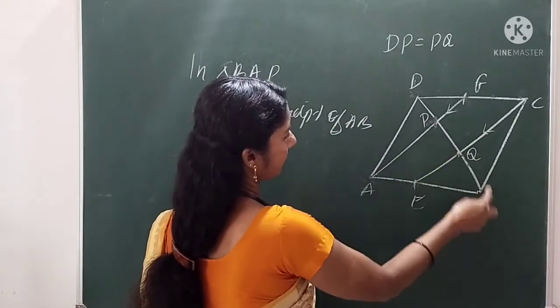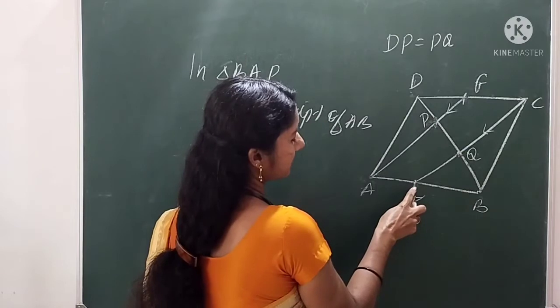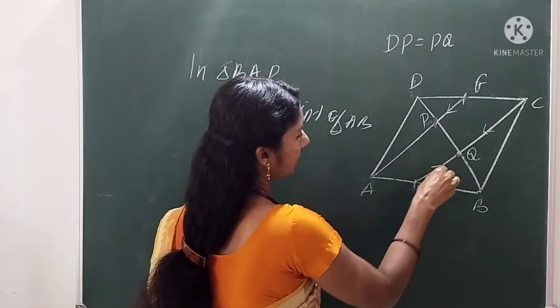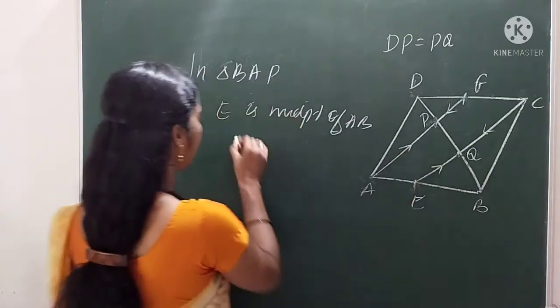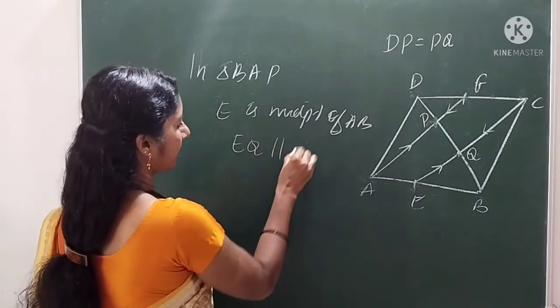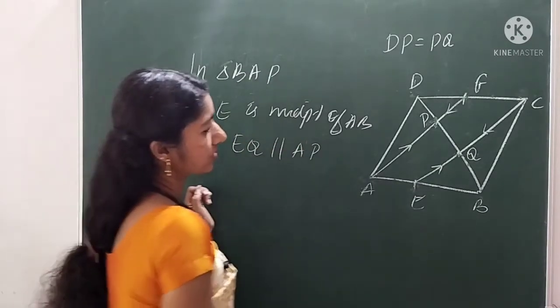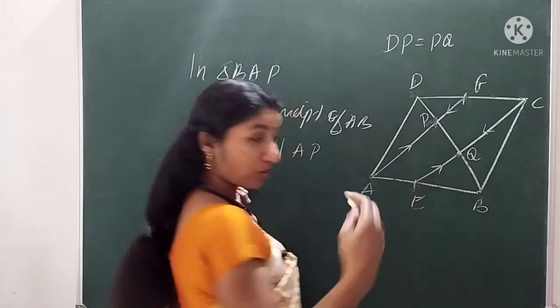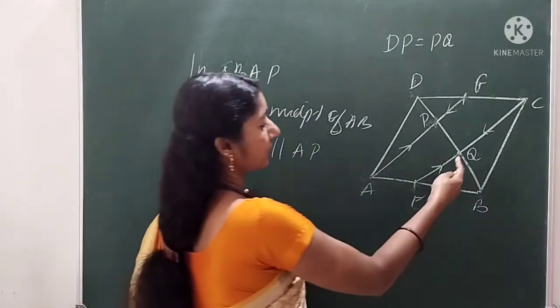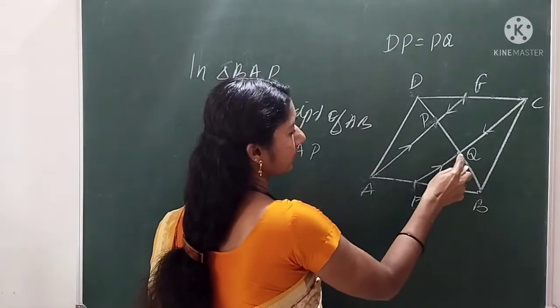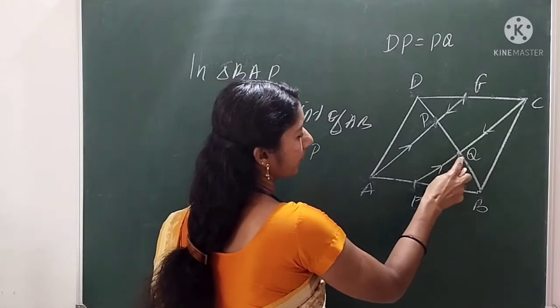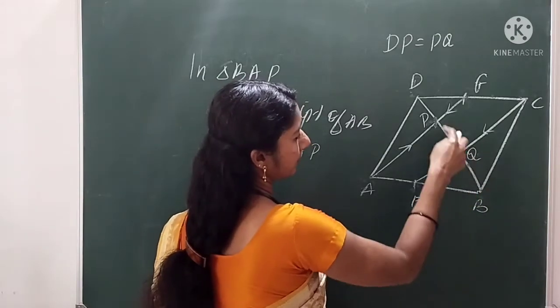This triangle only you need to see. And E is the midpoint, and also EQ is parallel to AP. And by converse of midpoint theorem, we can say Q will be the midpoint of BP.